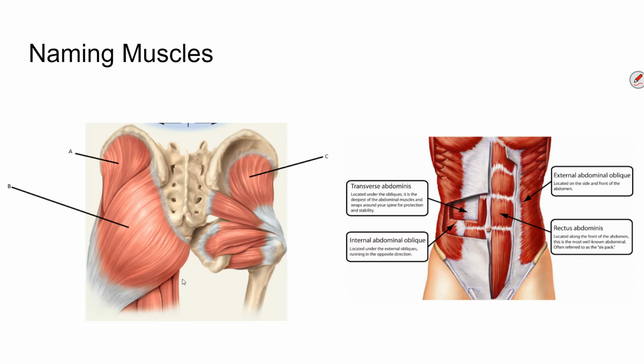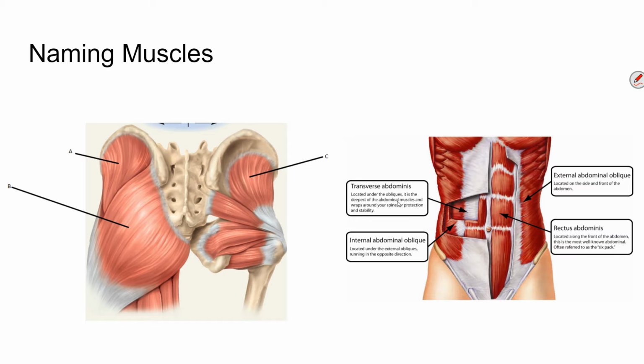A couple other things should be according to size, and so on the left you have the glutes, and there's the large glute. That's why it's called the gluteus maximus, and on the right hand side you have the smaller glute. It is called the gluteus minimus, and in the middle you have the gluteus medius. So the words kind of make sense. All right, and it could have to do with the direction of the muscle fibers.